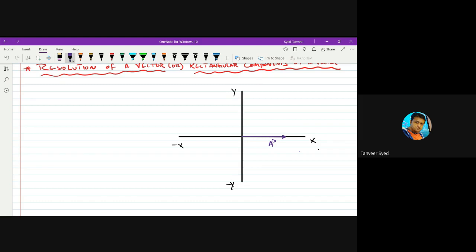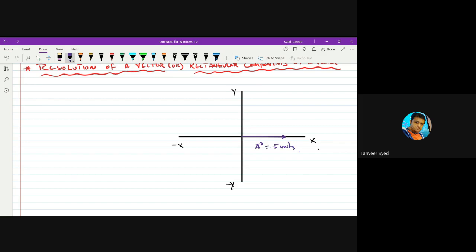If I ask you, what is the value of vector A along x direction, you will say that its value is equal to its magnitude. What is the value of vector A along y direction? Let us say vector A has a magnitude of 5 units.